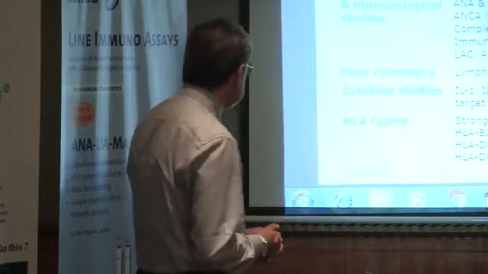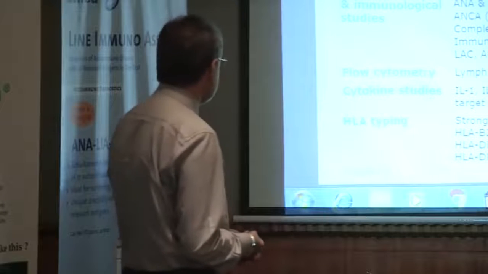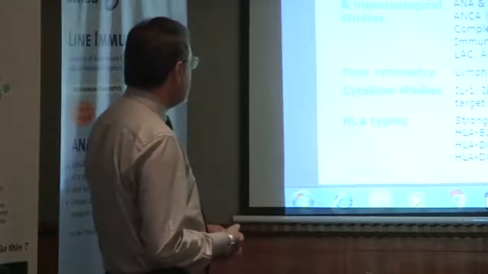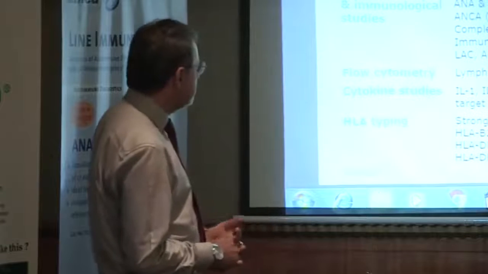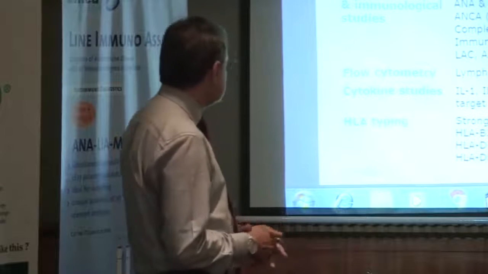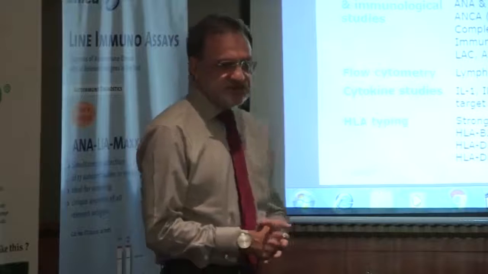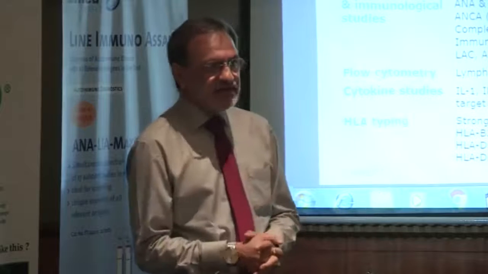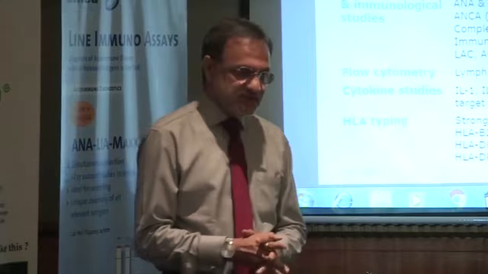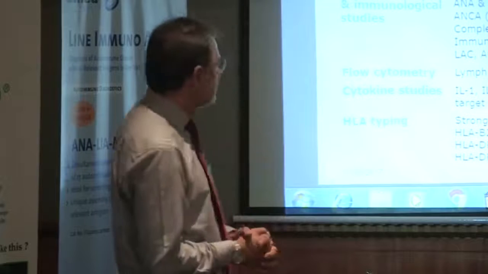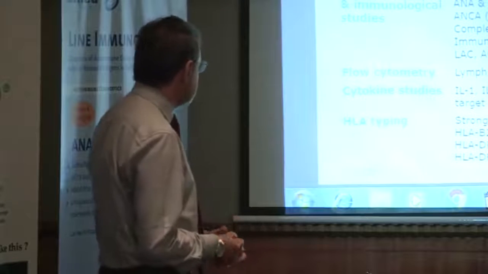There are several types of autoantibodies being tested. Rheumatoid factor and anti-CCP for rheumatoid arthritis. Then ANA and related tests like dsDNA, ENA, and even some myositis markers are also available. They can be used for SLE and other related disorders.